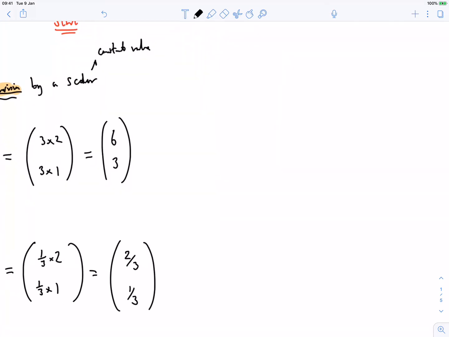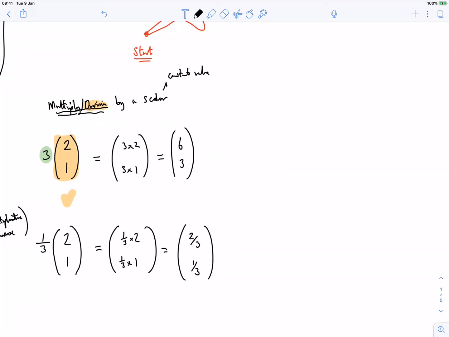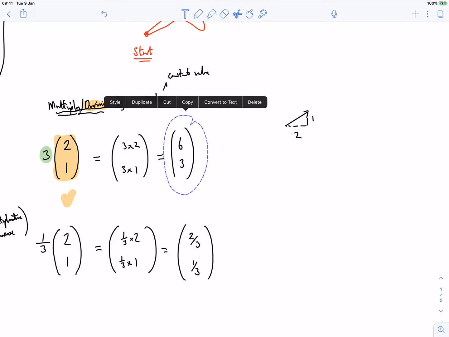Okay, so let's have a look at some implications of multiplying and dividing by a scalar. Let's suppose I do have that vector 2, 1. So there you go, 2 along and 1 up. There's my little vector I had originally. Now what does 6, 3 look like?